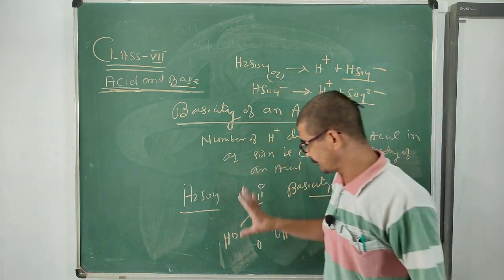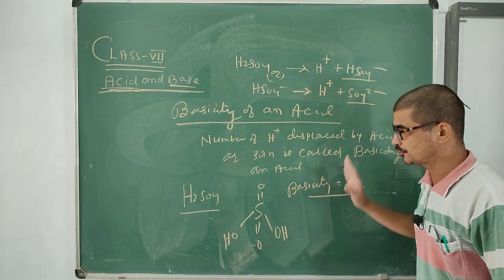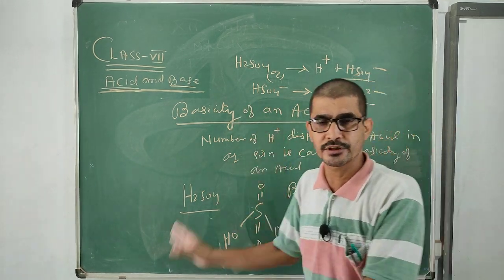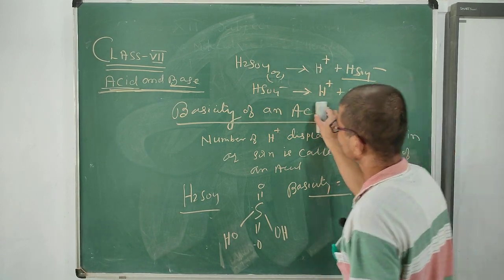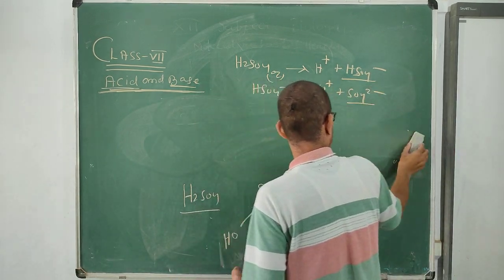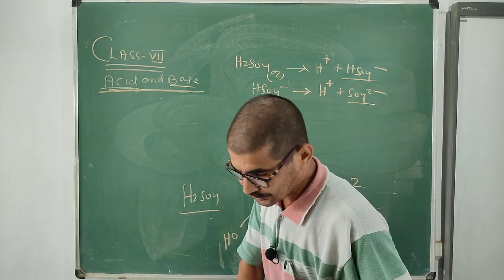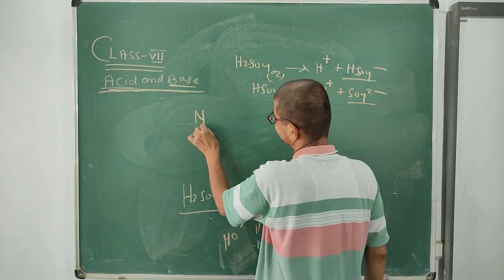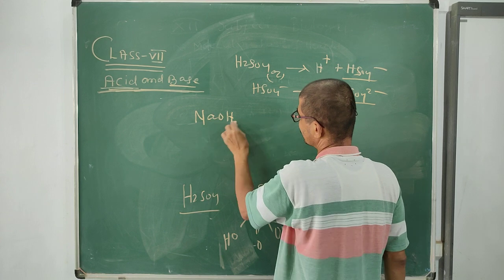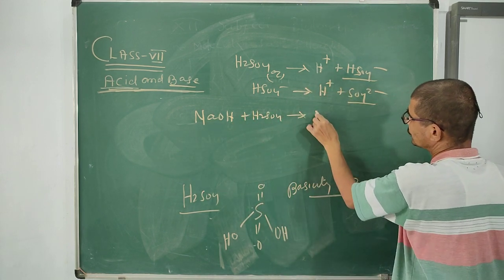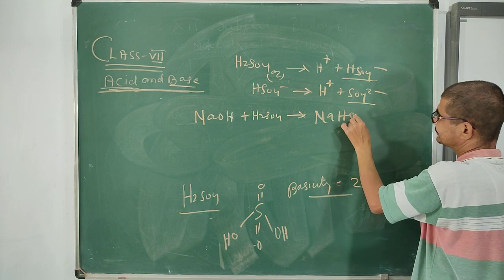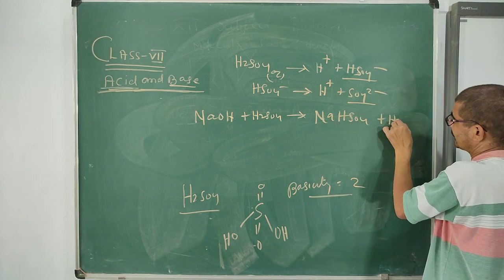Because it gives two replaceable hydrogen ions, its basicity is 2, so it has the ability to form two series of salt with a base. For example, when sulfuric acid reacts with sodium hydroxide, it forms sodium bisulfate and water.